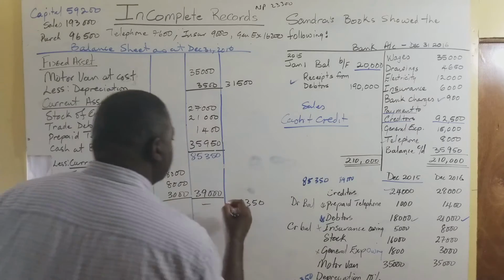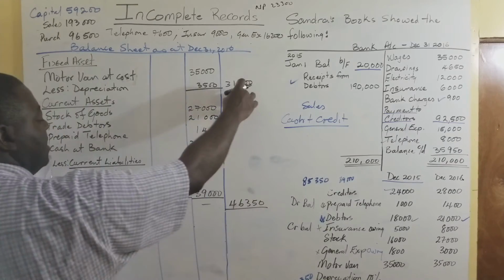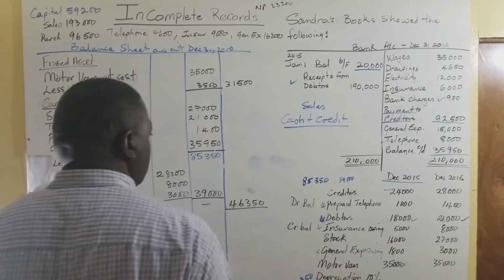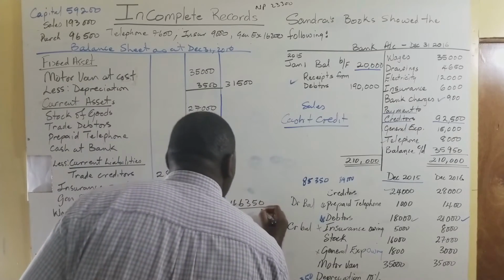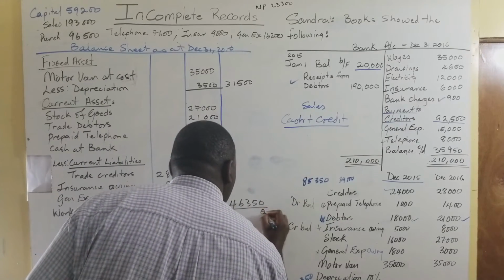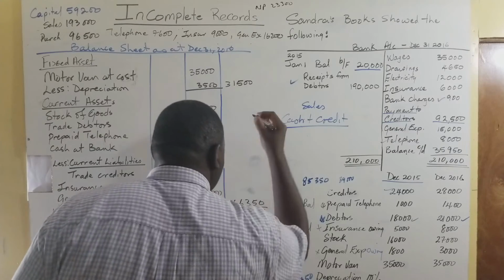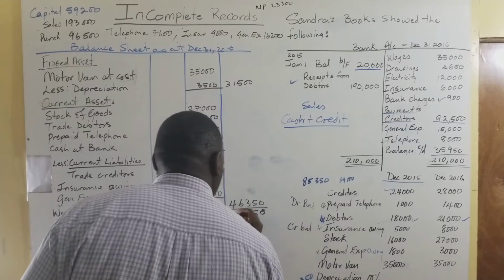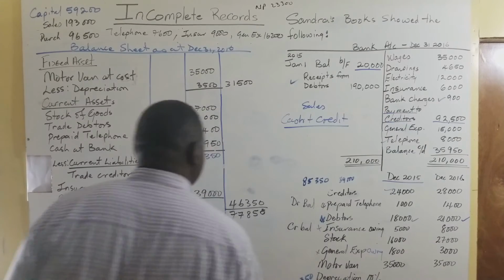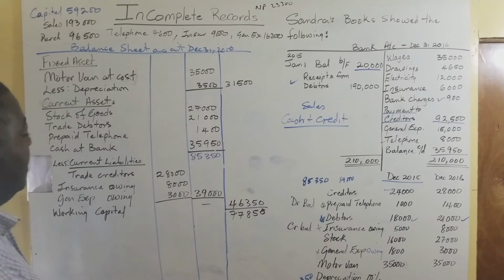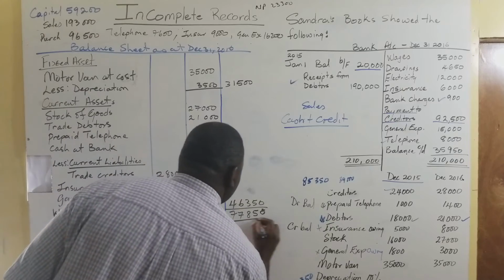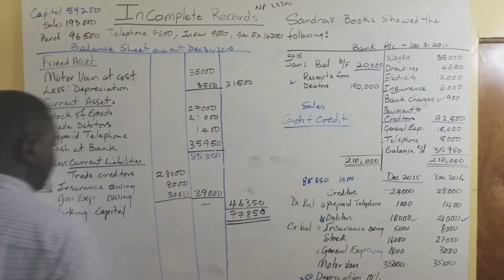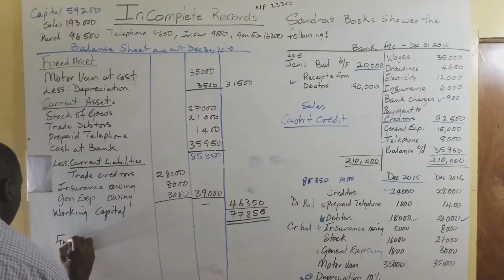Ladies and gentlemen, we're going to be adding this to this, and when we add them, we should be getting a total of 77,850. We can double line this, net asset.